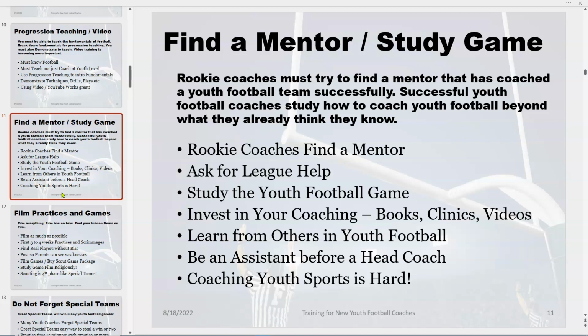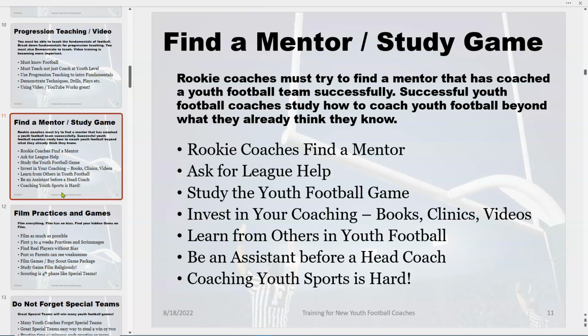I thought I knew what I was doing the first year, and I was struggling for 3 weeks until I found some bulletin boards about youth football back in '94, which really kind of helped me. So if you get a chance, get a mentor, get an assistant coach that's coached in the league before. That really helps. Ask the league for help. Sometimes they have commissioners that will help you out or even assign you a mentor.